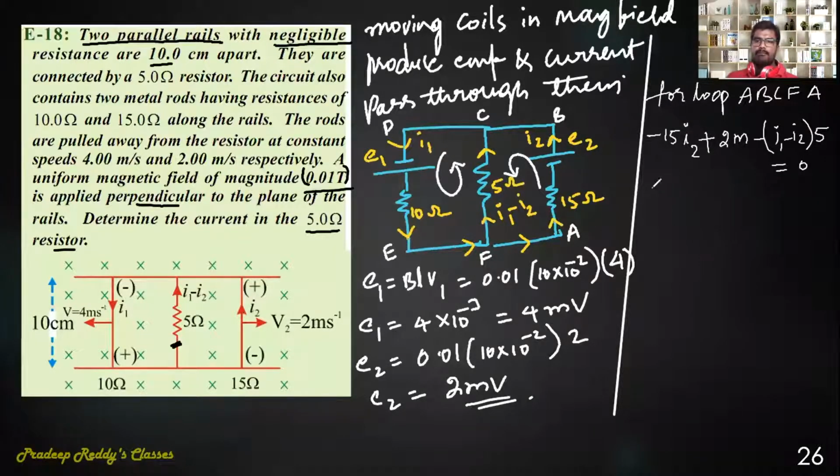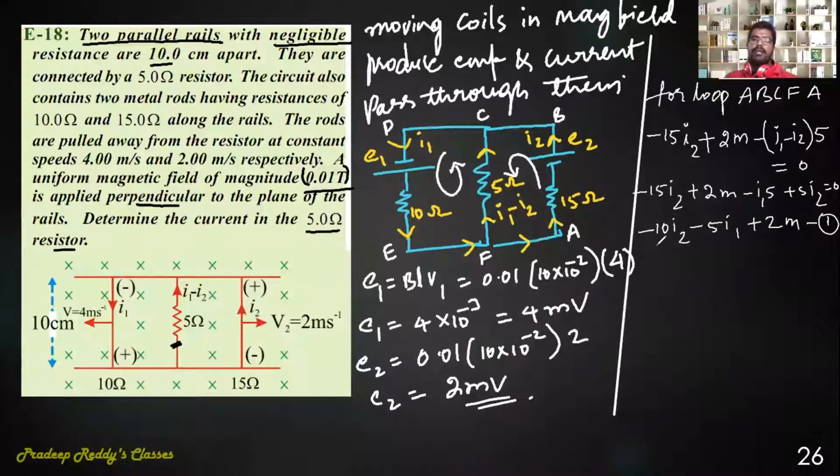This gives minus 15 I2 plus 2 milli minus 5 I1 plus 5 I2 is equal to 0. Minus 15 I2 plus 5 I2 becomes minus 10 I2, minus 5 I1 plus 2 milli. This is equation number 1.